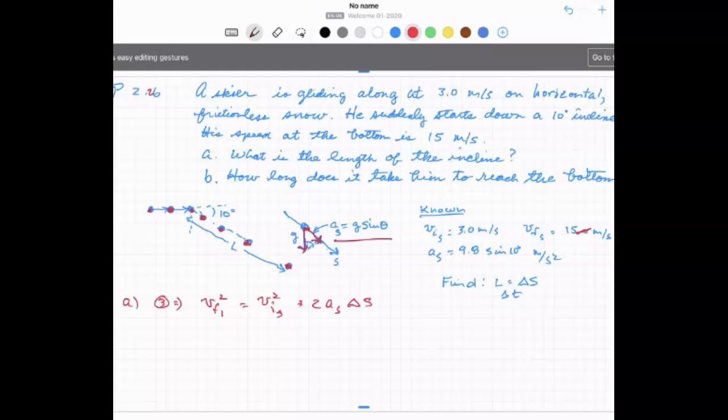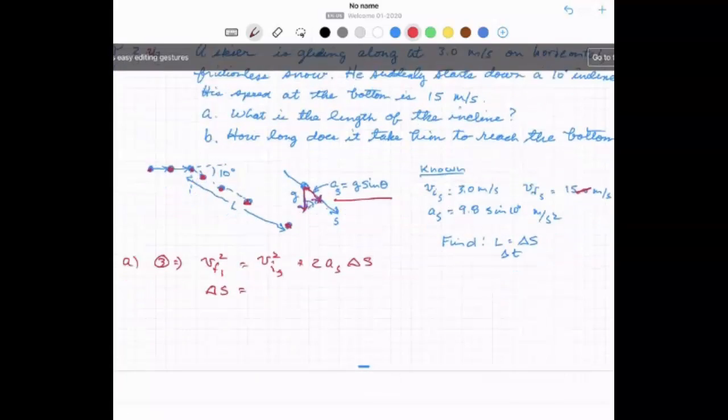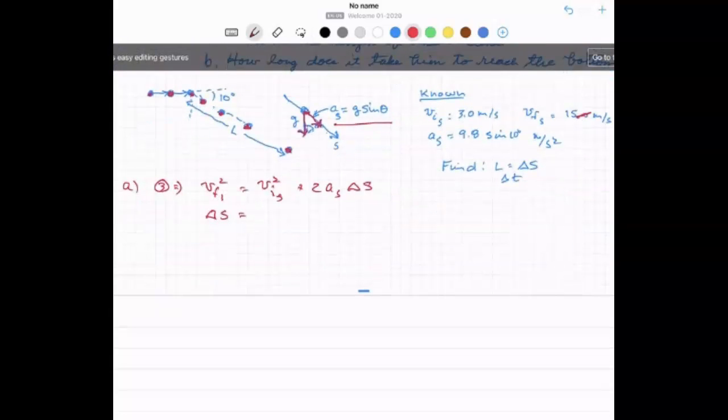Delta s is equal to v final squared minus v initial squared over 2 times the acceleration. Then we put in the numbers.